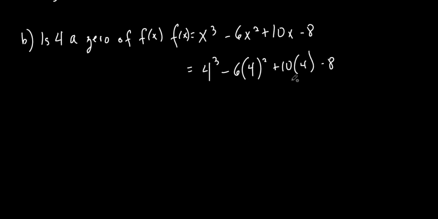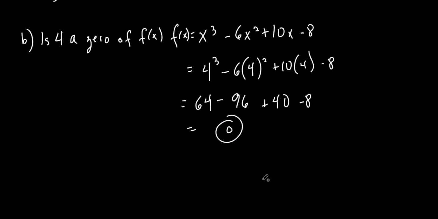So let's see if it does. Well, this is 64. I already did the math for you, so you don't have to pull out the calculator. 16 times 6, that's 96. That's 40. That's minus 8. And this all comes out, just believe me, this comes out to be 0. So it does work. So putting a 4 in for this makes the function equal to 0.